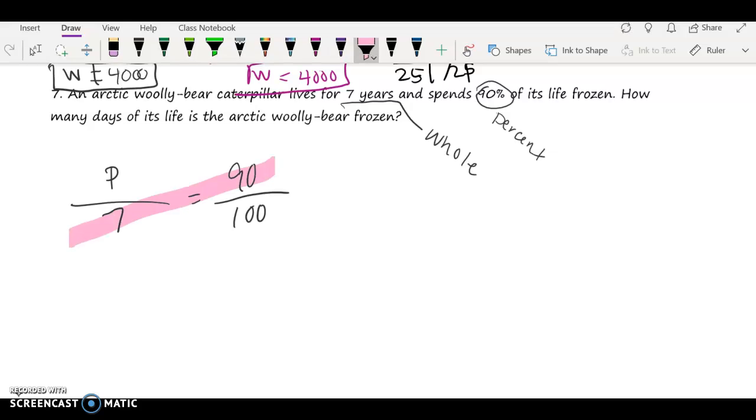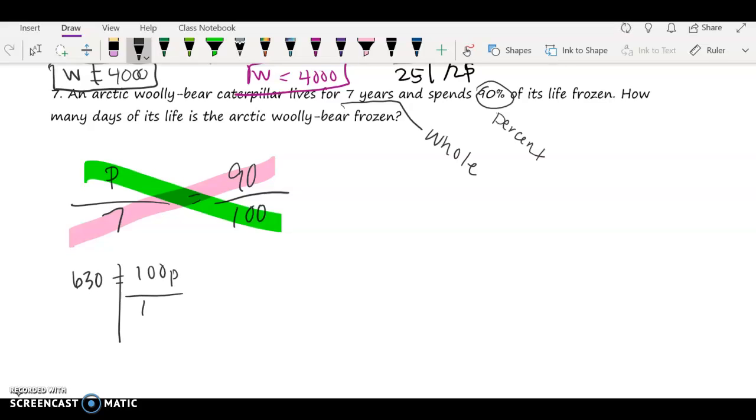So 90 times 7 gives me 630 equals P times 100, which is 100P. Draw my line and divide by 100 on both sides to get P by itself. Those cancel. And I get P equals 6.3.